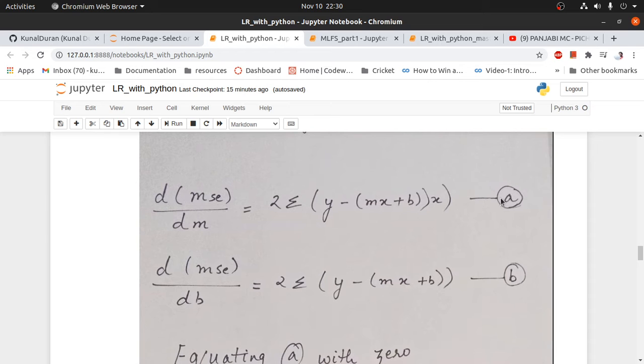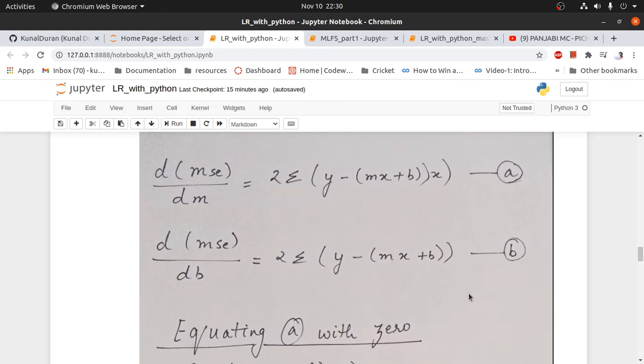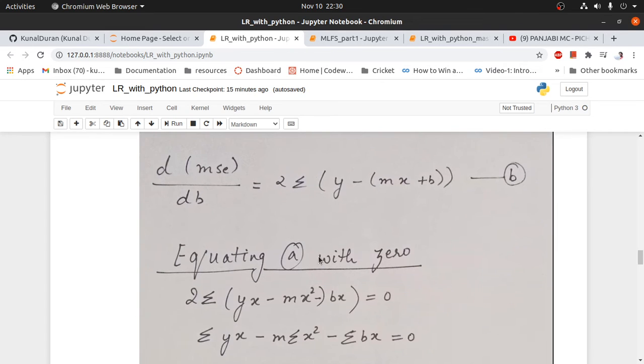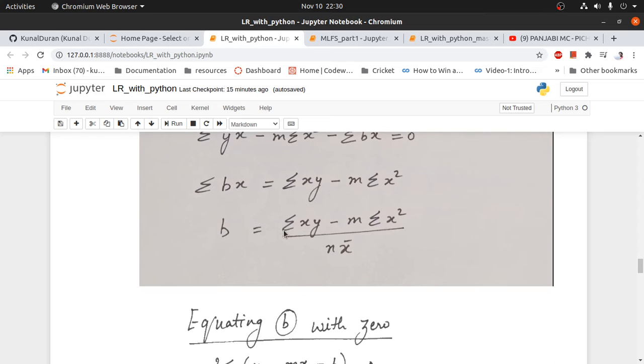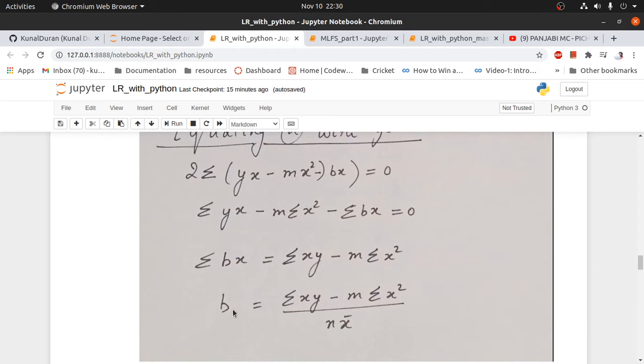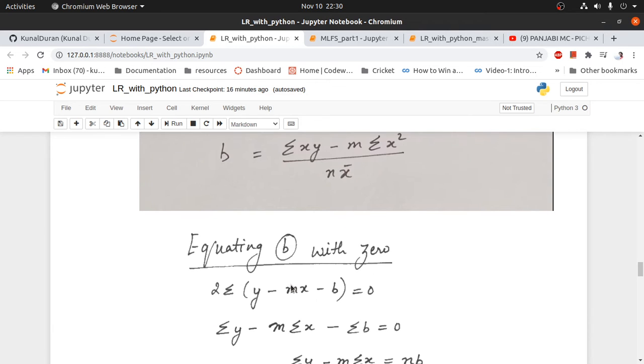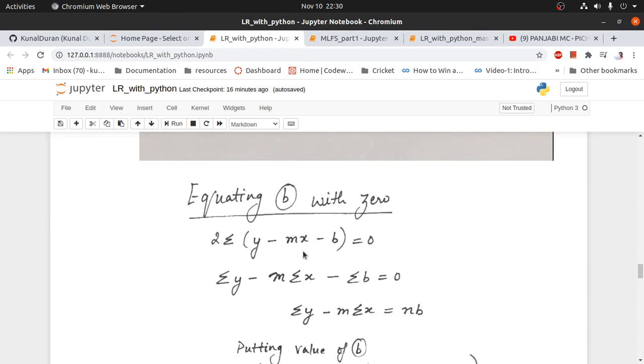Now let's say this is equation a and this is equation b. We want to minimize both of these equations, so we equated it with 0, and it gave us this. So now the bias is this part, and now we minimize equation number b.